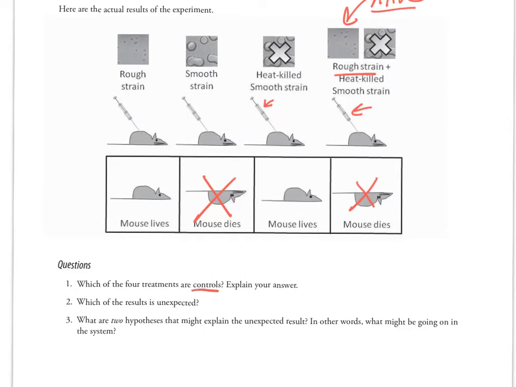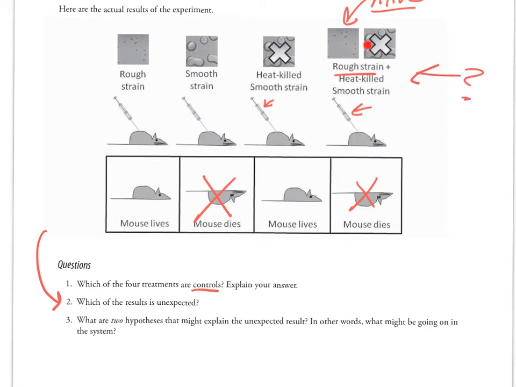A control is something you're going to use to compare to your experimental results. Which of the results is unexpected? Well, I pretty much already answered that for you as well. You should think about why. So why don't you expound on that? Why was it that this was not expected, right?